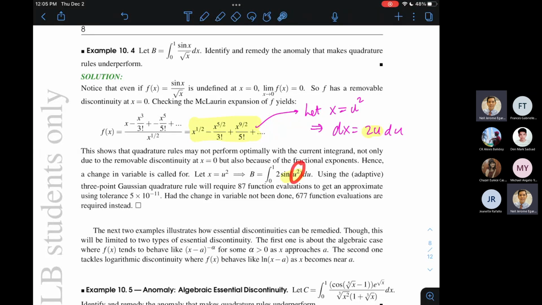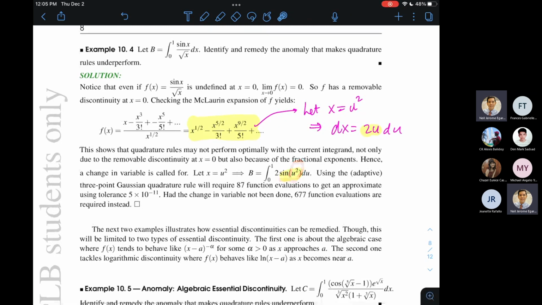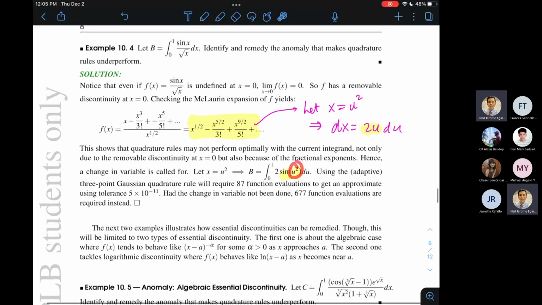Si u squared ay continuous. Si sine ay continuous. So yung composition nila ay continuous. And actually not just that. U squared is infinitely differentiable. Sine is infinitely differentiable. So their composition will be infinitely differentiable. So ibig sabihin, ito ay infinitely differentiable. So that means it is infinitely smooth.